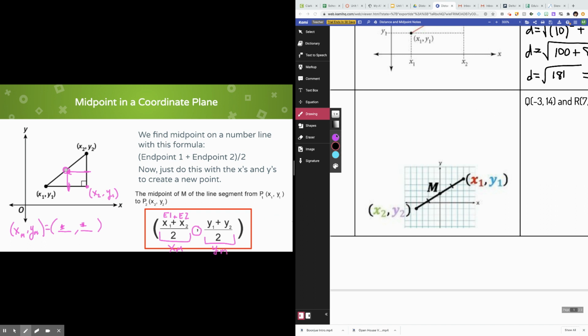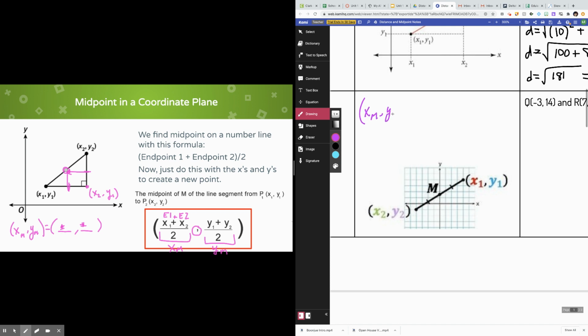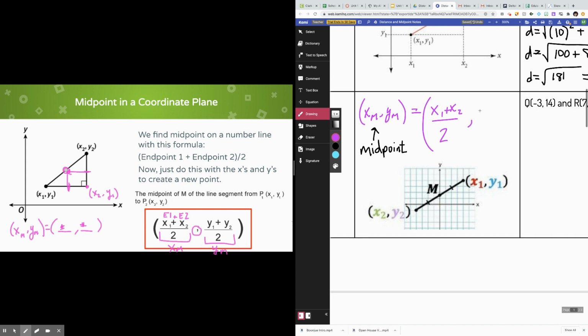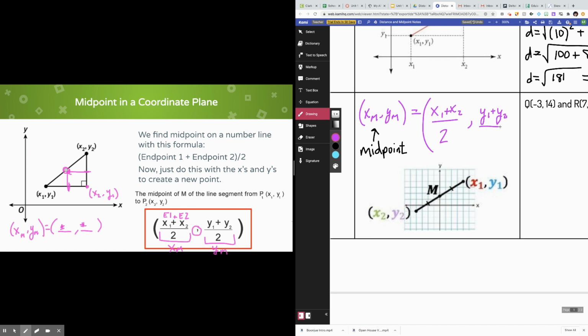Let's jump over to your notes on this side. Your formula is xm comma ym, because that's midpoint, equals, in big parentheses, x1 plus x2 divided by 2, comma, y1 plus y2 divided by 2.